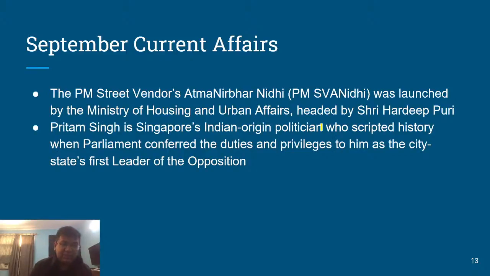Meanwhile, Mr. Pritam Singh, who is of Indian origin though he's a citizen of Singapore, has emerged as the leader of the opposition. Singapore does not officially have any such position. India does have it, but Singapore never had this position.